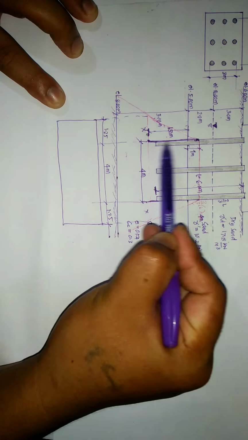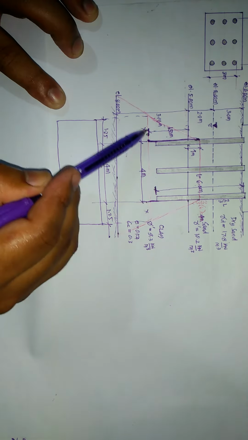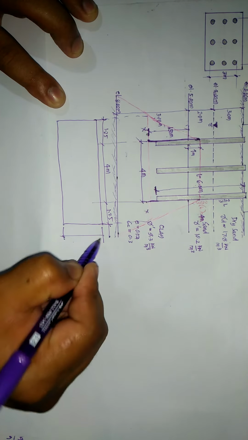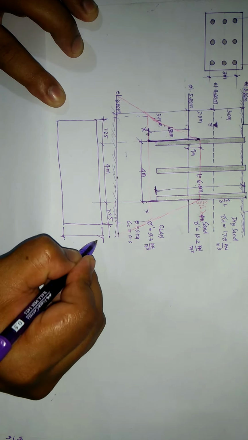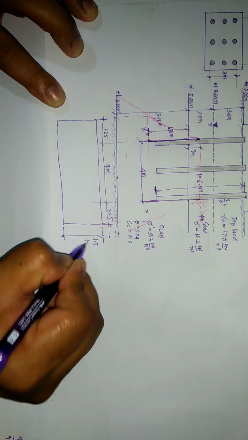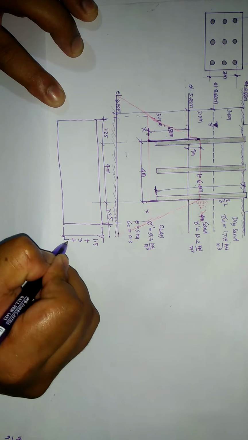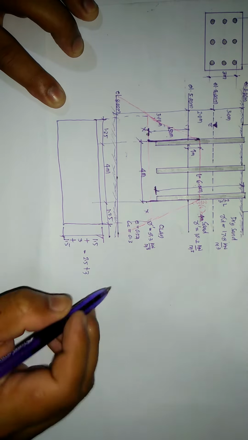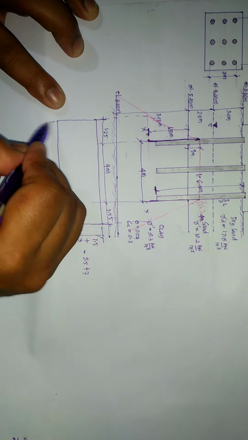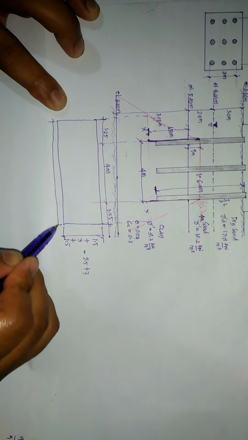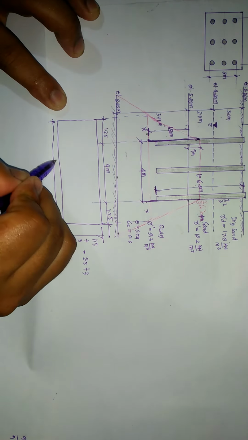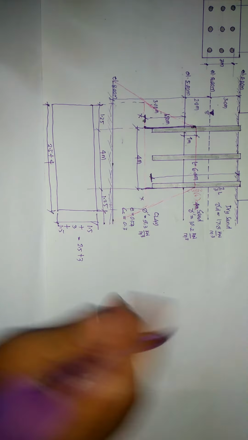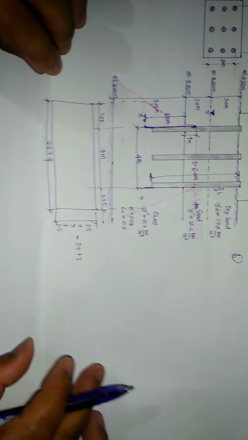Kasi sabi ko nga kung ano yung height mo dito, it is the distance of this one, x plus x. Kaya 2.5. And dito naman, it would be equal to 1.5 plus 3 plus 1.5, or this is equal to 2.5 plus 3. Okay? So, ito naman, this one would be equal to 2.5 plus 4. Okay? So, from there, pwede na natin masolve si letter B.